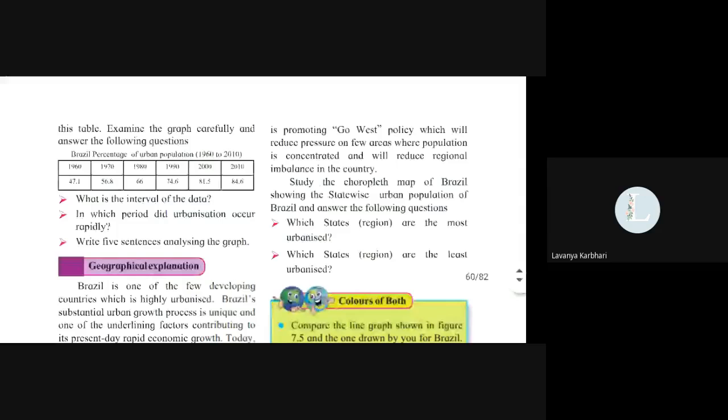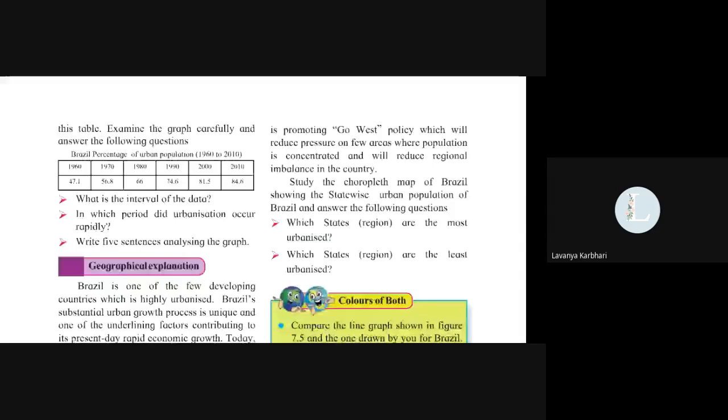Here is the table given: Brazil, percentage of urban population from 1960 to 2010. In the 1960s the urban population of Brazil was 47.1% and in India it was only 18%. In the next decade it increased up to 56.